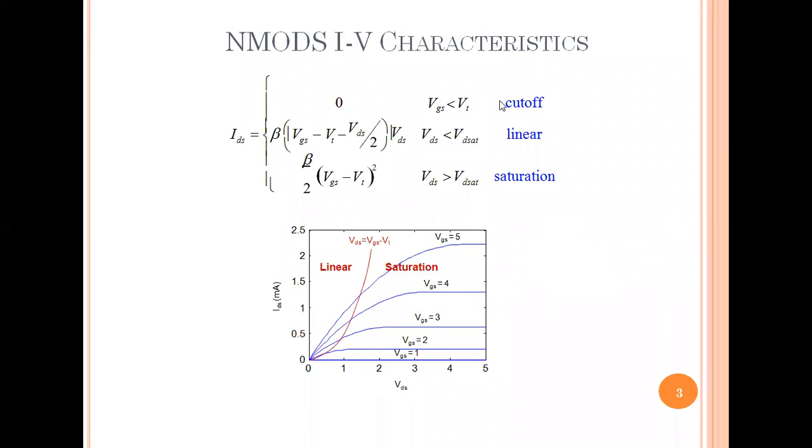So in the cutoff region, when the gate to source voltage VGS is less than VT, the threshold voltage, obviously the drain current is zero.